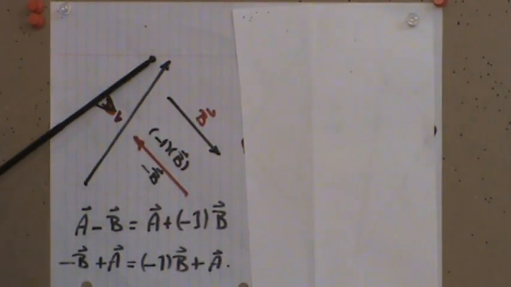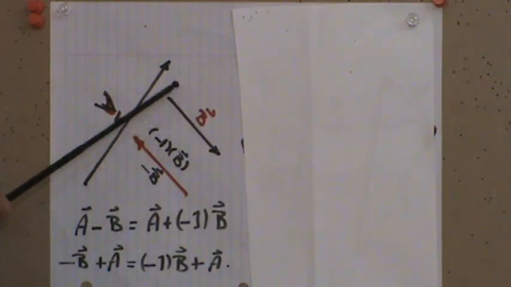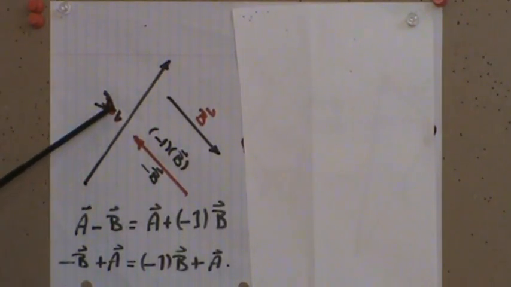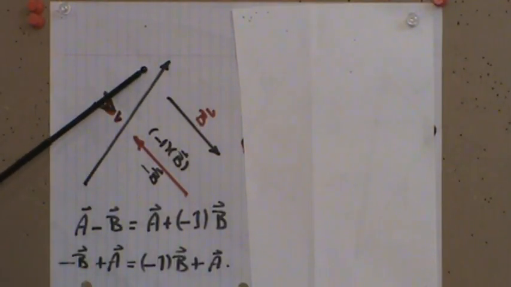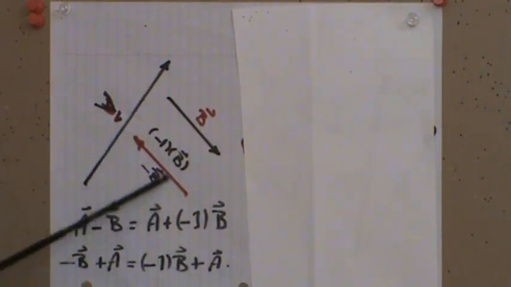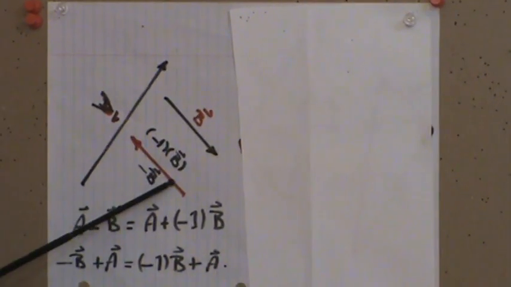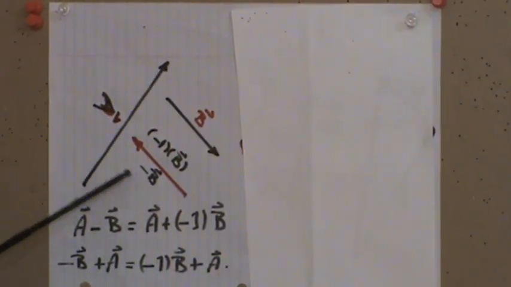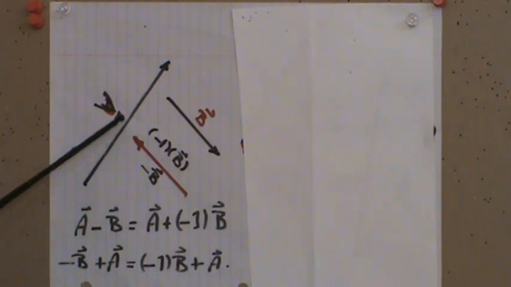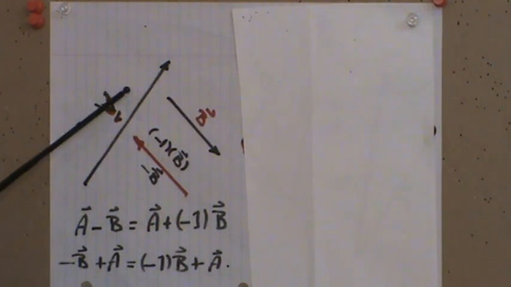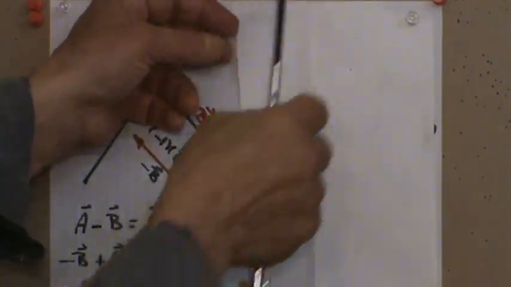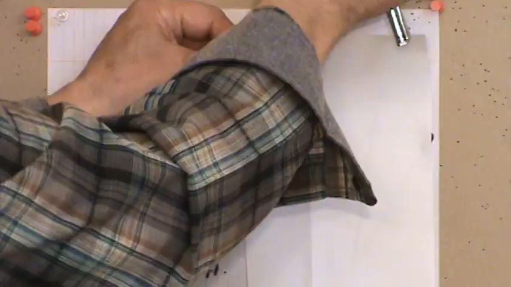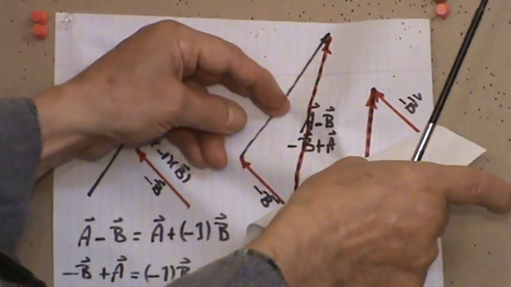If we want to add A plus minus B, it is the same as A minus B. So we are adding this vector to this red color vector, head to tail. When we do that, the result will be the difference of A and B, because we multiplied B by a negative to get negative B.